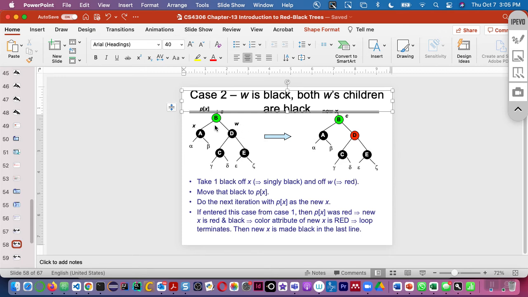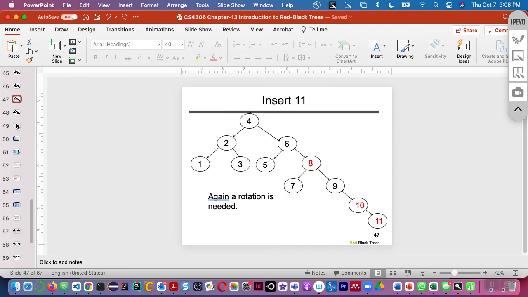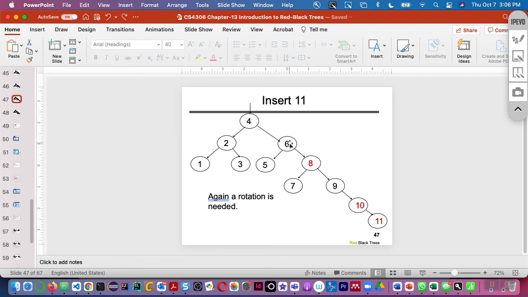But think about what would happen if we wanted to delete this 6, if it is a black color. Then we need to go all the way.